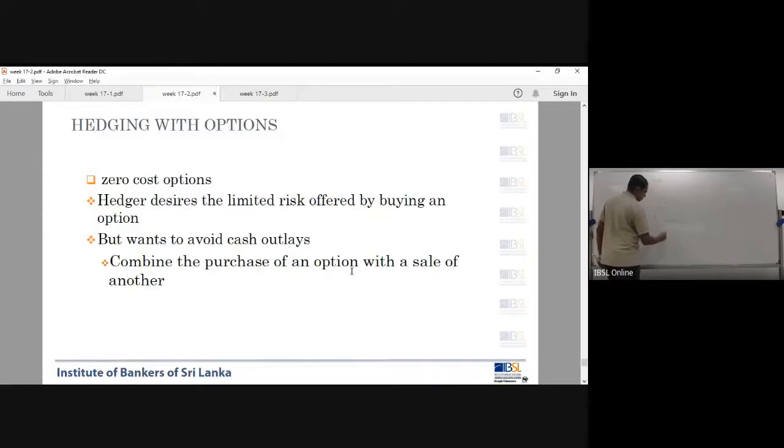But if it goes above, then you can exercise the call option. Again, if it goes below, the put option will be exercised. Okay, so that's options.